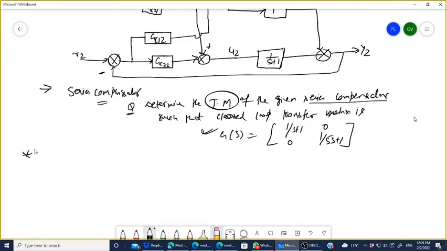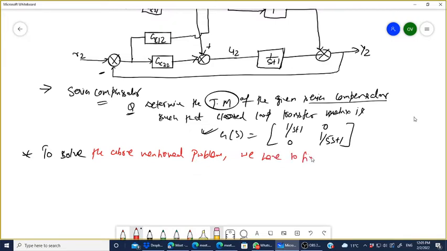So for this purpose, to solve the above mentioned problem, we first have to analyze the transfer matrix of a non-interaction system.